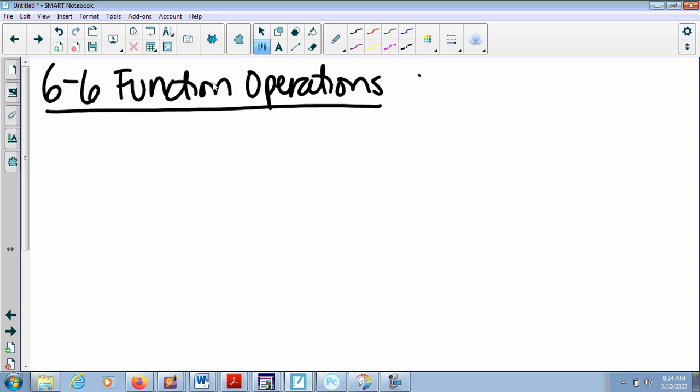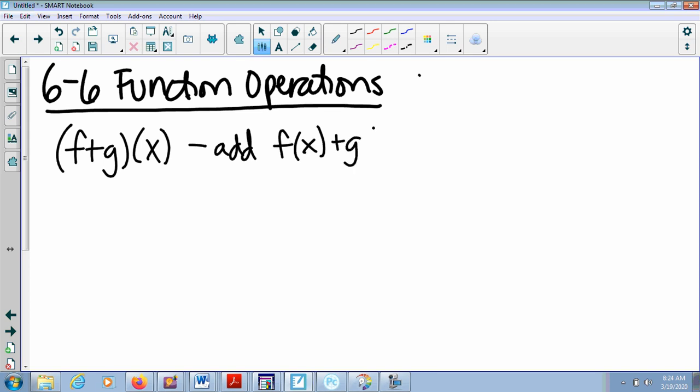But we're just going to have a couple different functions, just like equations, and we'll add them or subtract them or multiply them or divide them. So I'll just show you what all of the different things mean. If you see f plus g of x, this just means to add the f of x plus the g of x.